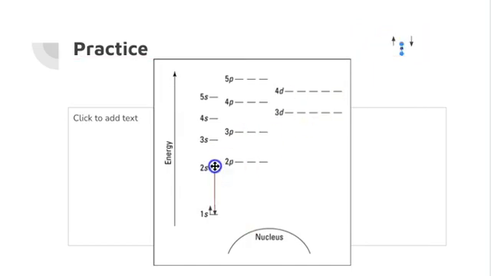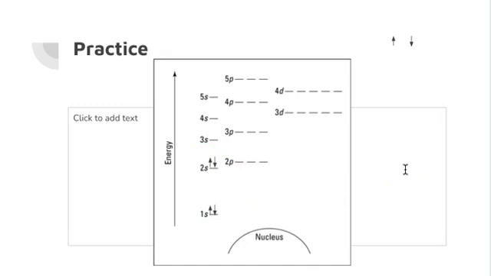And then I'm going to put the other one. So notice I have arrows representing electrons. I put one in, and then I filled in with the next one. I have a total of 1, 2, 3, 4 electrons. And therefore, that is called the orbital diagram for beryllium, Be.